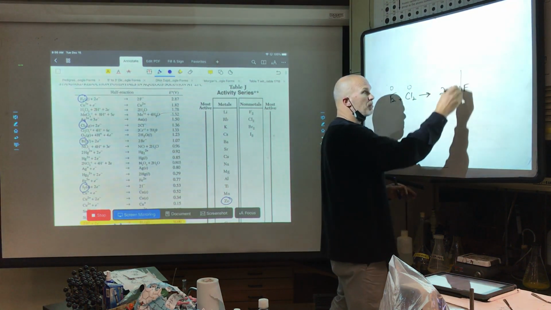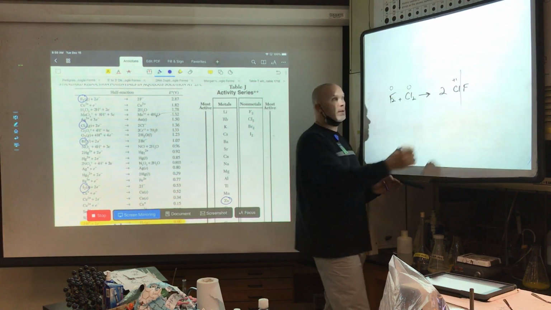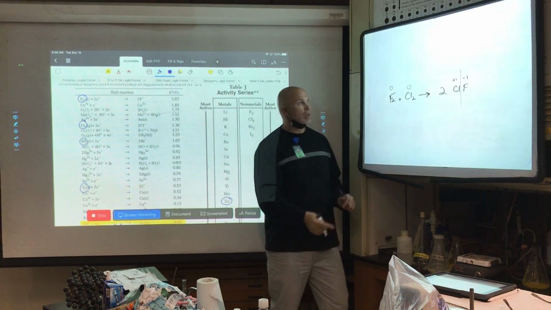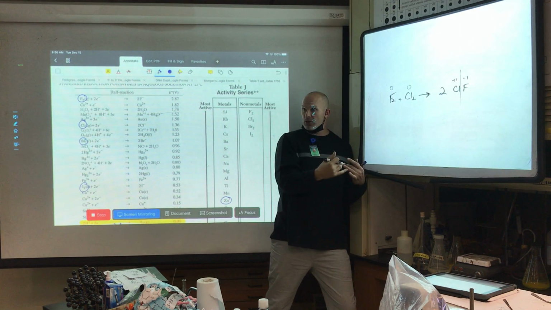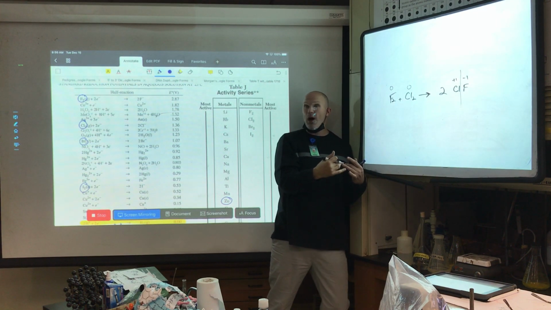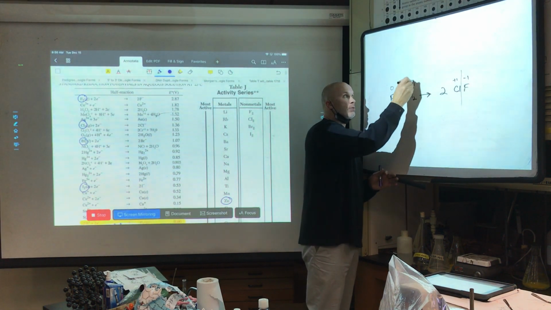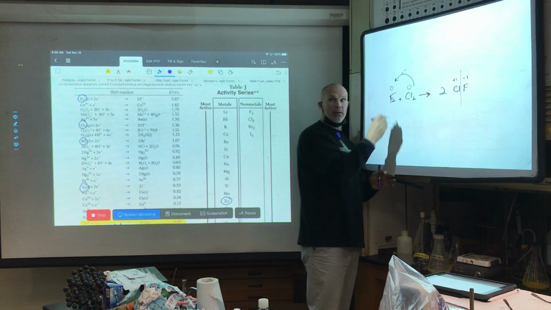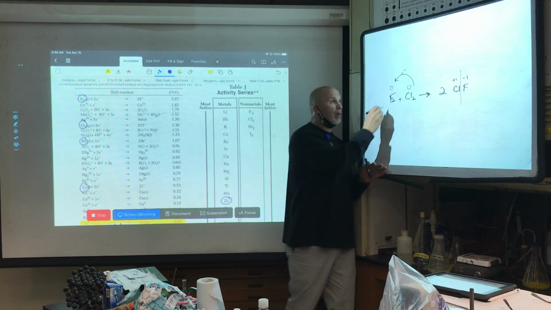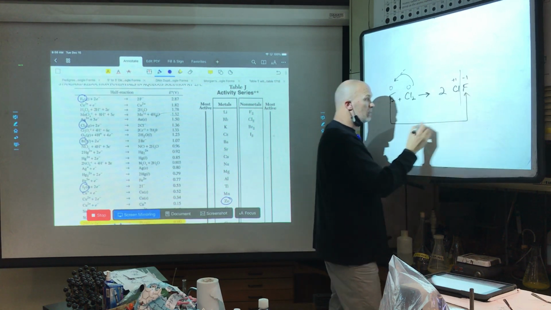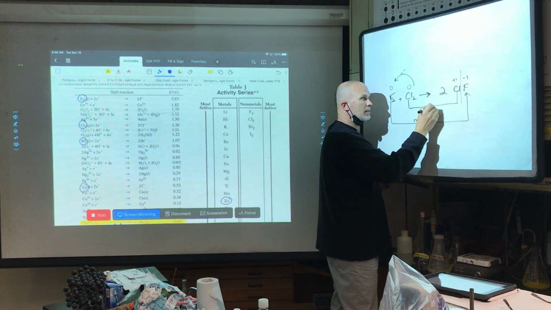The front one is always positive, so chlorine in this state has to be positive 1, and fluorine is negative 1. So if F is going to negative 1, that means it's gaining electrons. It's reducing. Oh, that means chlorine is losing electrons. So clearly electrons are moving this way, correct? Yeah. Kind of like acid and base. That's the parallel I have here. So fluorine is getting reduced. Chlorine is getting oxidized.